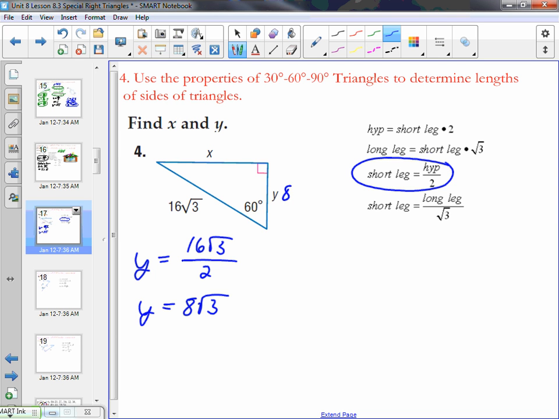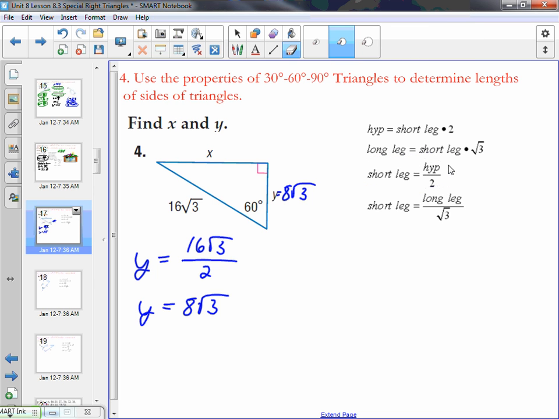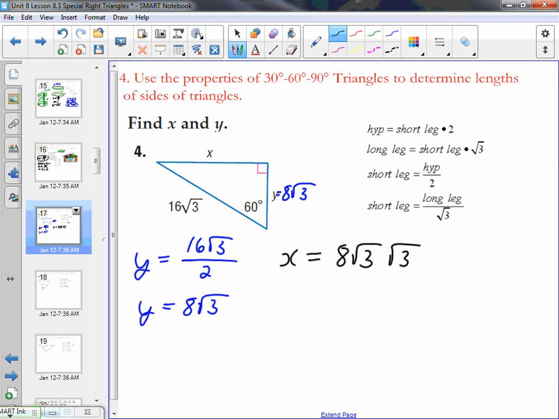Now that we know that length, I can get the long leg. So what variable represents the long leg? X. So long leg equals short leg, 8 square root of 3, times the square root of 3.